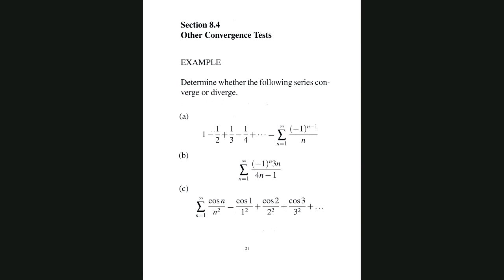Okay, here we have the series n equals 1 to infinity of -1 to the nth power times 3 to the n over 4n minus 1. Now, we can certainly write out a few terms of this series, right?